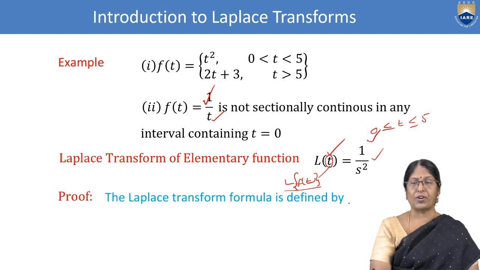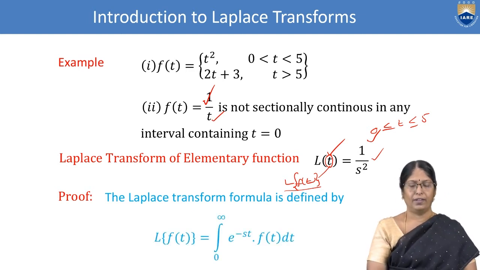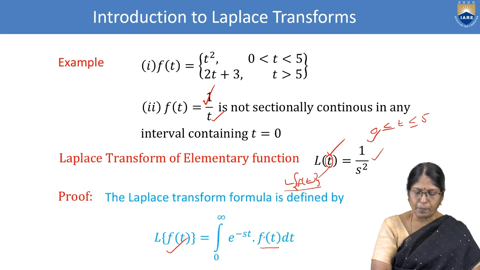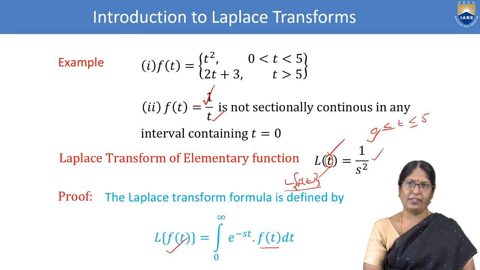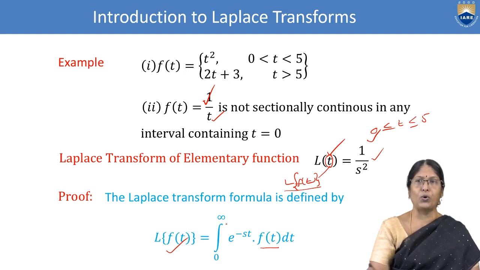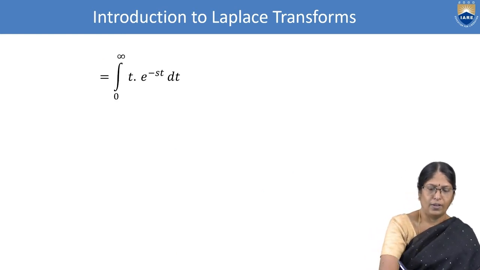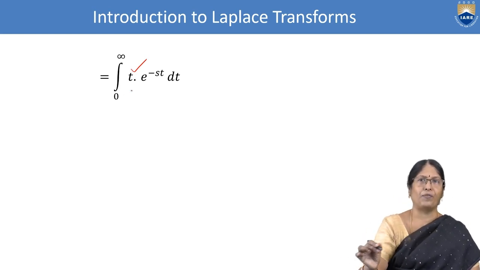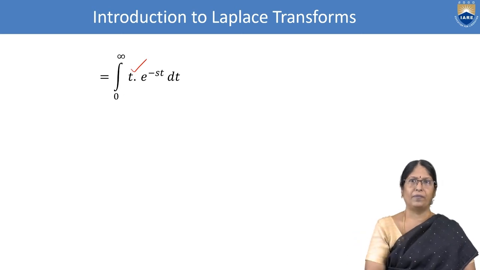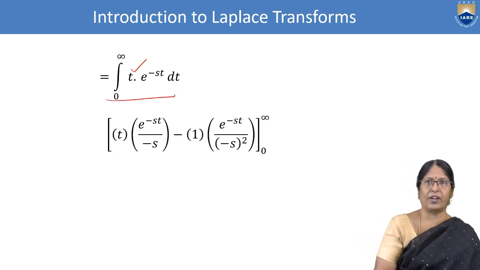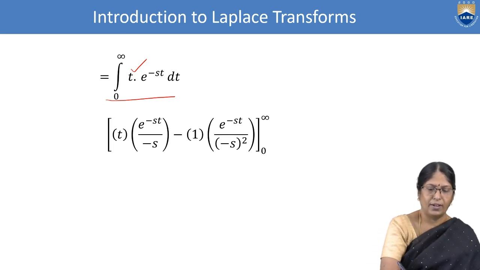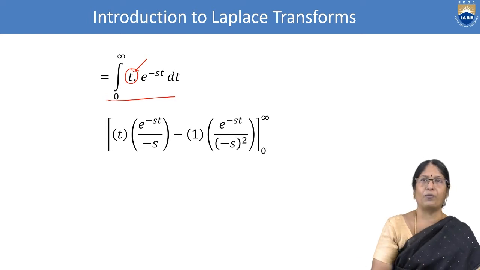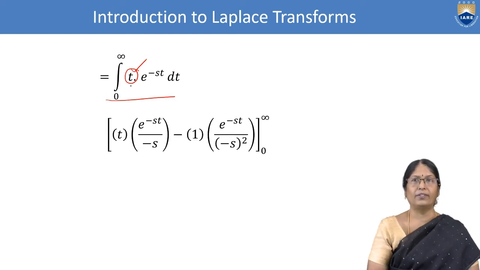The Laplace transform formula is defined by L of f of t equal to the integral from 0 to infinity of f of t multiplied by e power minus st dt. In the place of f of t we substitute t, and we have to do the integration with respect to t.